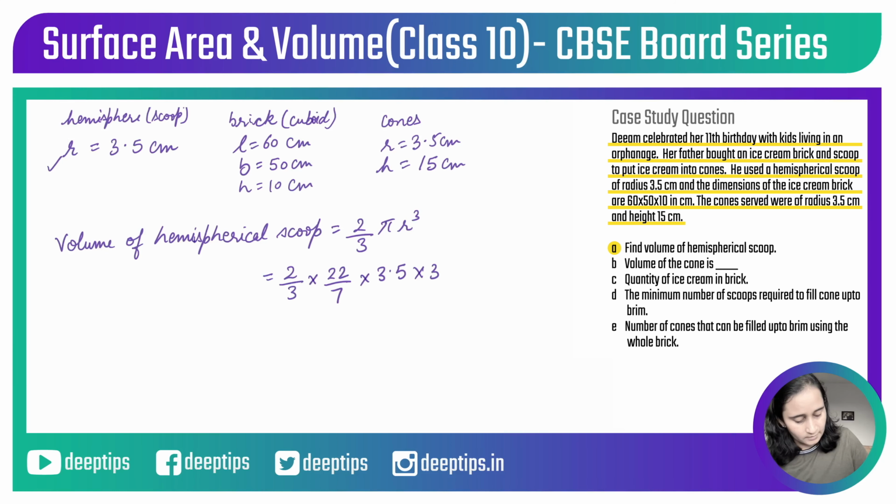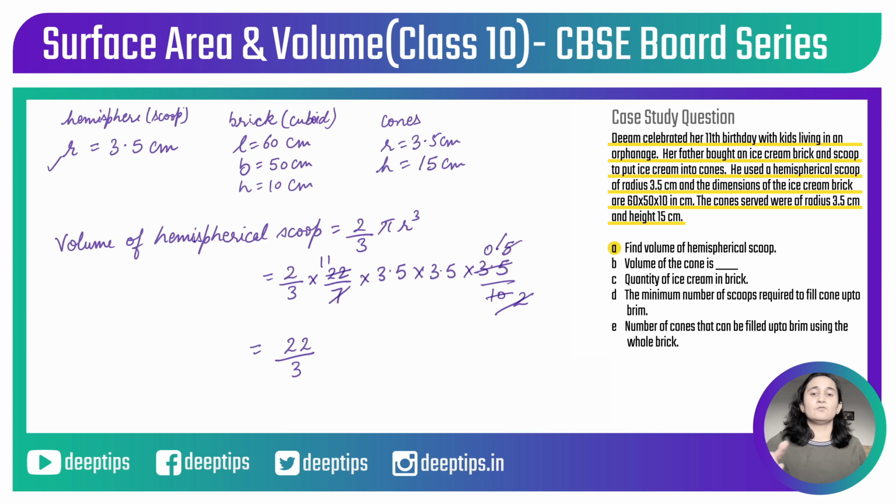So 3.5 into 3.5. First of all, we will see what all gets simplified. So here 7 ones are 7 and 0.5. Now if I solve this further, 5 twos are 10, right? And here it also gets simplified. So now I have 11 into 2, 22 by 3.